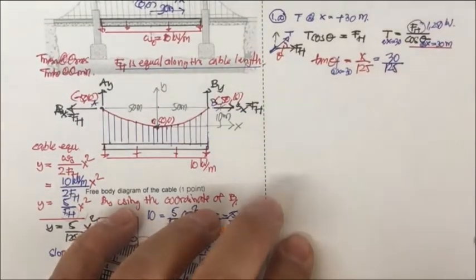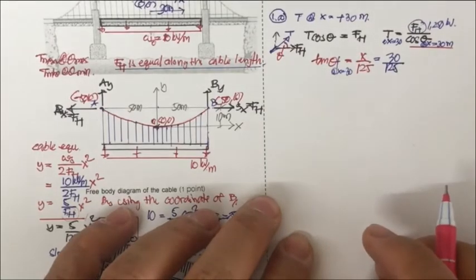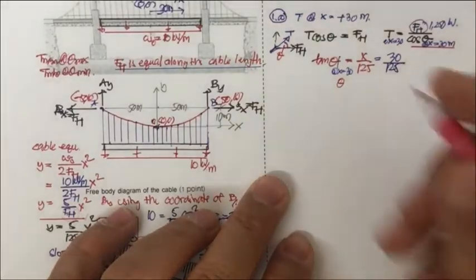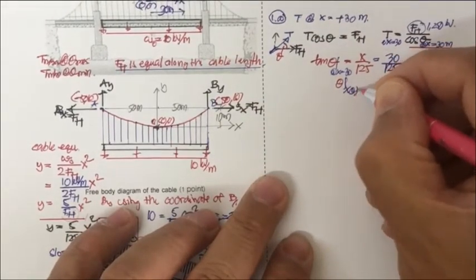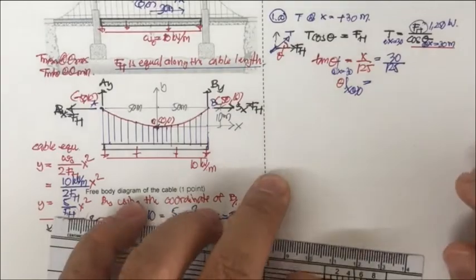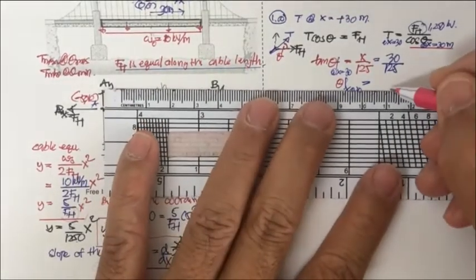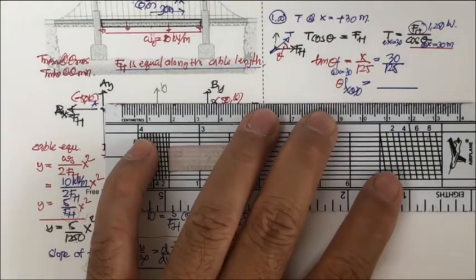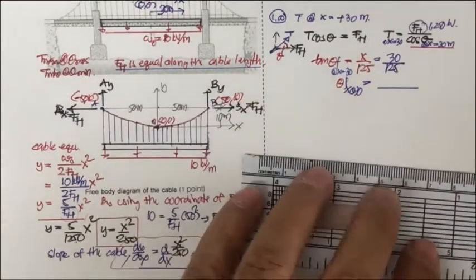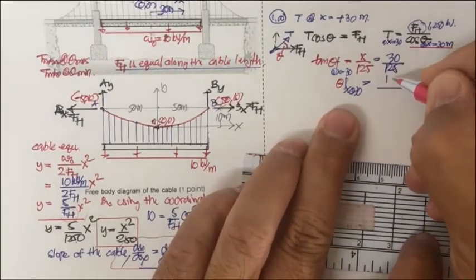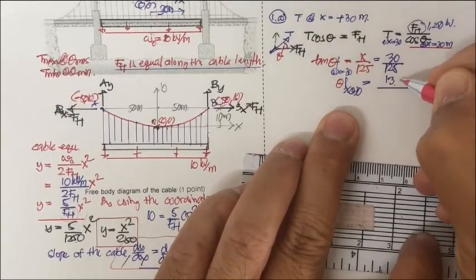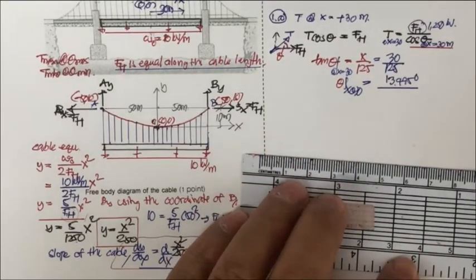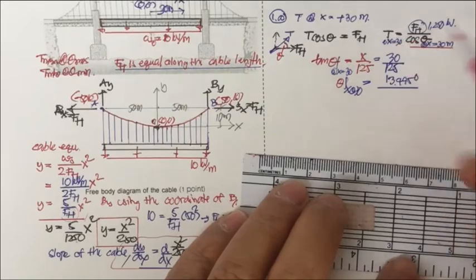Okay, and if you do the calculation, you may get theta at x equal to 30 equal to... Okay, just stop the clip and put things into your calculator. Check what you get for the theta here. We will get 13.495 degree.